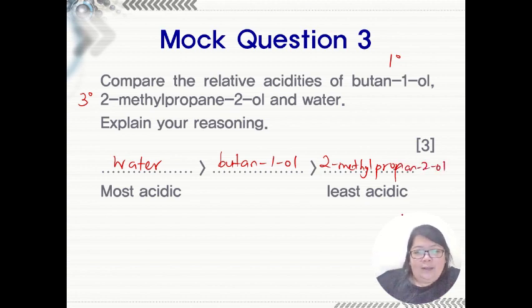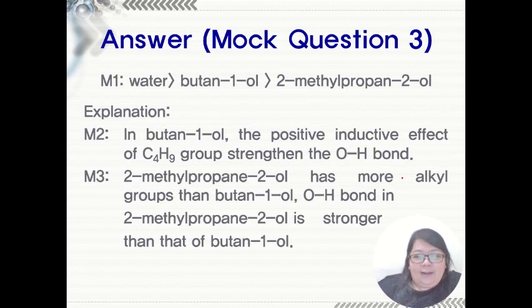We're not done yet, because the question says explain your reasoning. This is a 3 marks question. 1 mark will be given for this correct order. The second mark will be for comparing butan-1-ol and 2-methylpropan-2-ol. In butan-1-ol, the positive inductive effect of the C4H9 group strengthens the OH bond. That's why it's in the middle, and why it is a weaker acid compared to water.